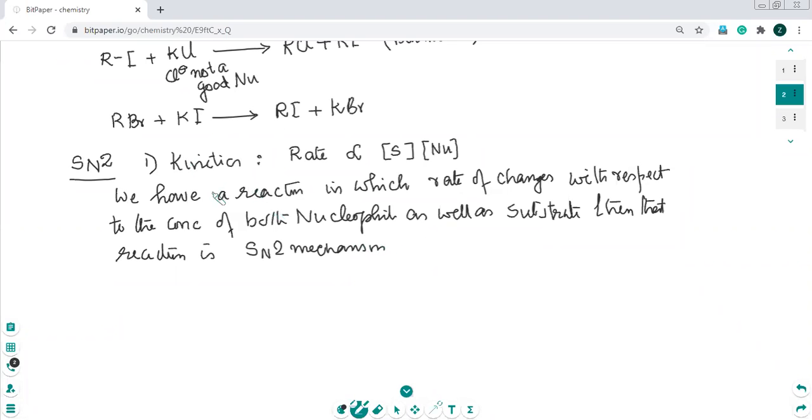Now, how do you know this? You have to do this in the laboratory. This is a laboratory experiment.